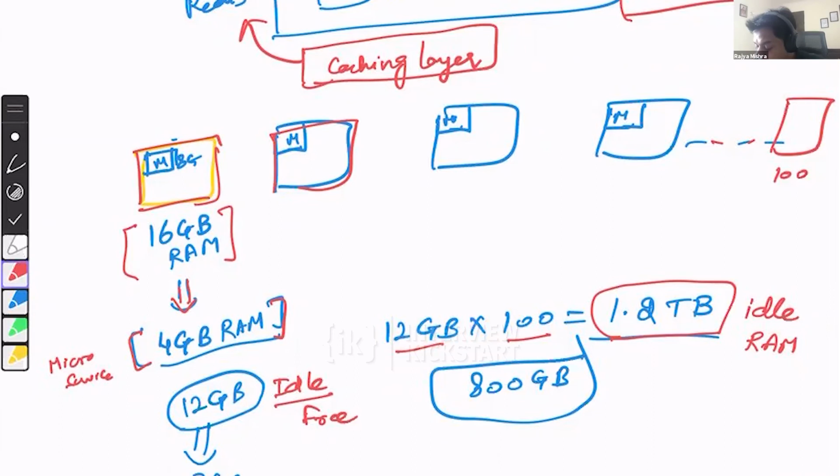What if you could use this 12 GB of idle RAM? In that case, Memcached comes into the picture. So what you can do is run Memcached as an executable, as a binary, on your existing application servers.